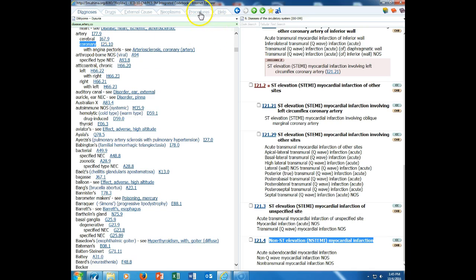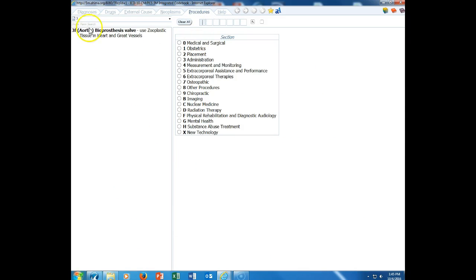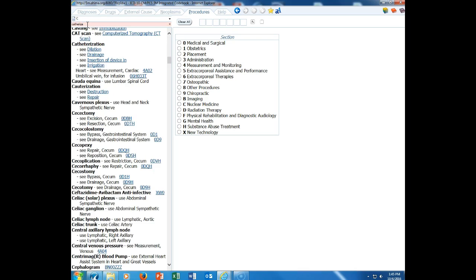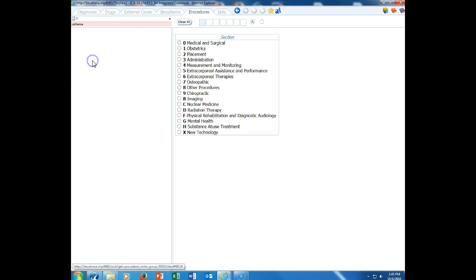And then, of course, we need to code this left heart cath. And we're putting in a stent. So if we do catheterization in the index, we can see insertion of device in.